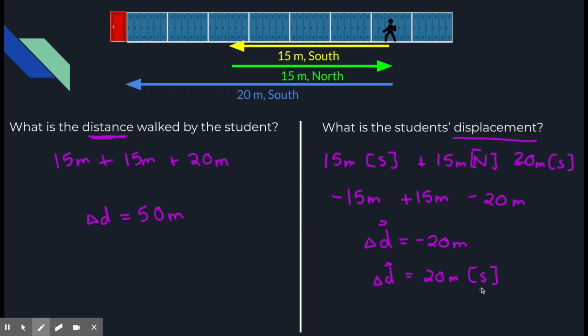You'll see me write square brackets with an S inside to represent the direction instead of writing the word south. This is a notation often used in physics. So displacement is the overall change in position, where distance is the total ground that has been covered.